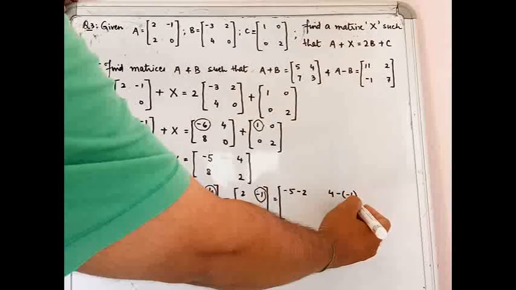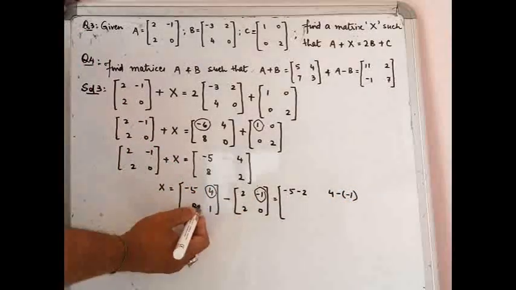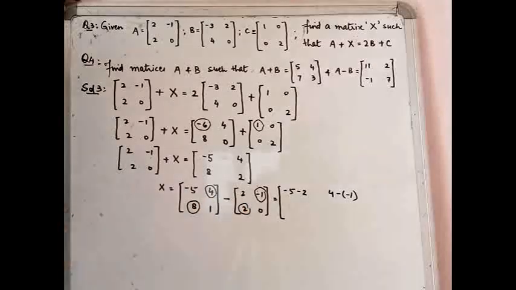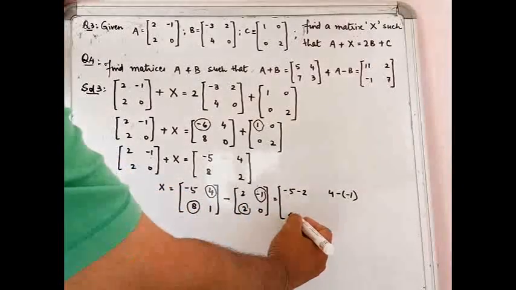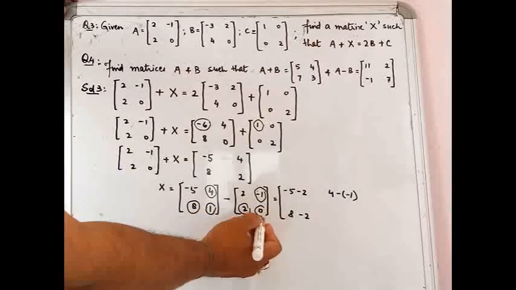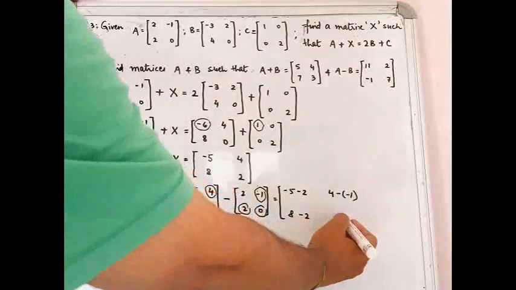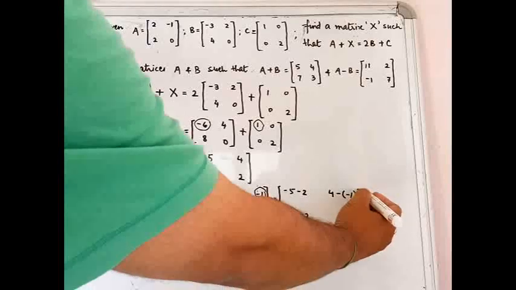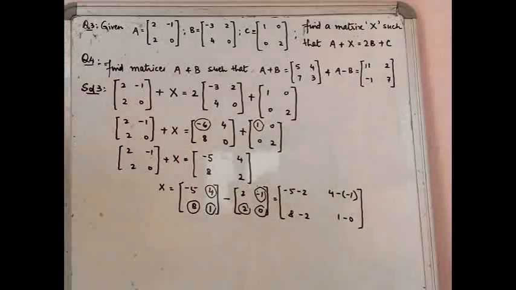Then we have 8 and 2 as the corresponding entries, so 8 minus 2, and then we have 1 corresponding with 0, so 1 minus 0.